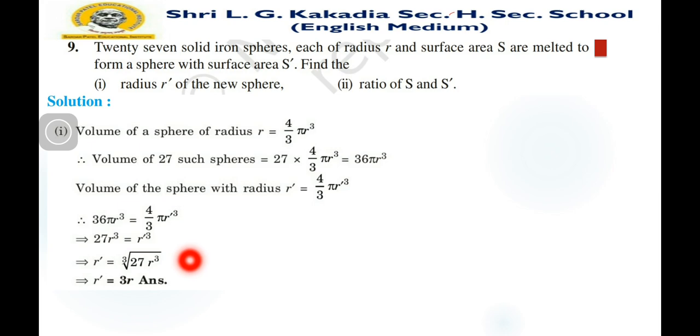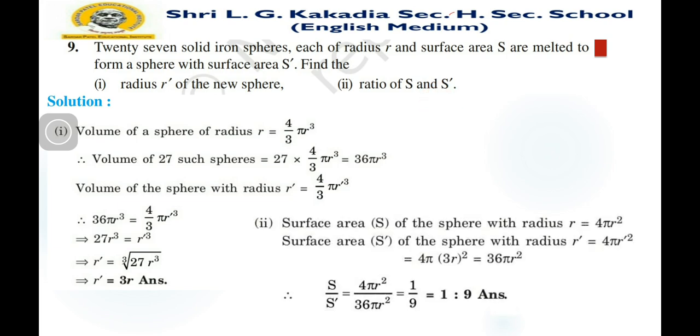Now the surface area, we have the radius of both the spheres, so we can take the ratio of the small sphere and the new sphere. So we take surface area S of the sphere with radius r, that is 4 pi r square, and the surface area S dash of the sphere with radius r dash is equal to 4 pi r dash square.